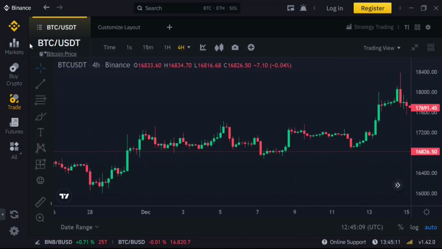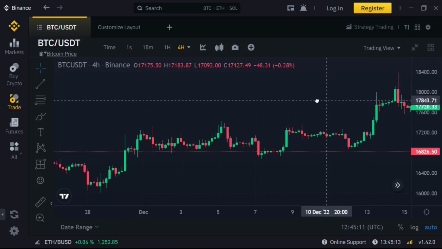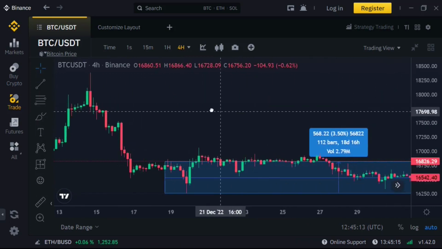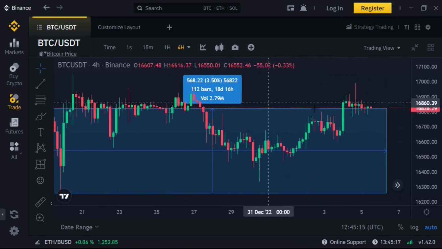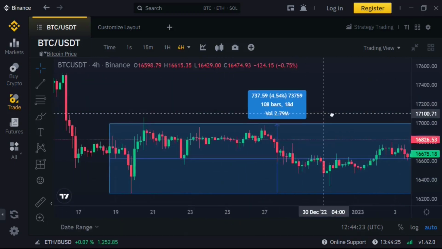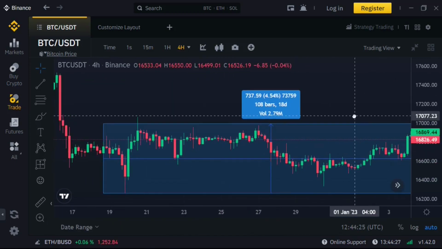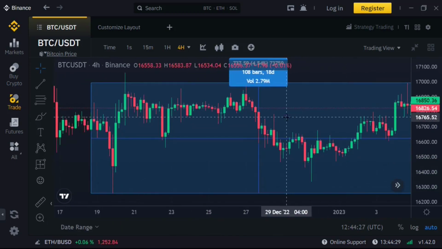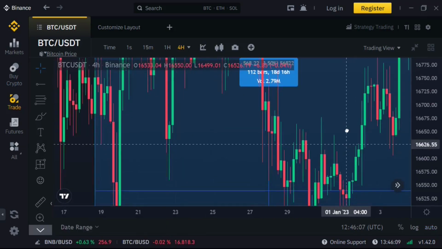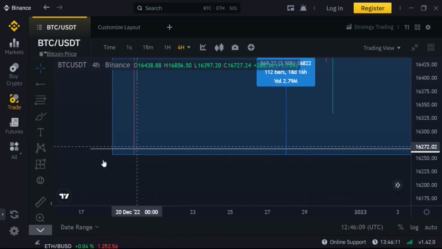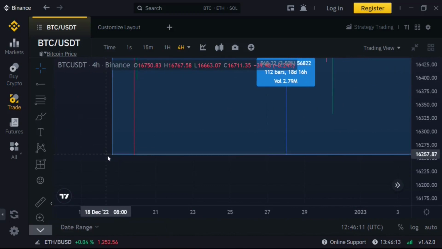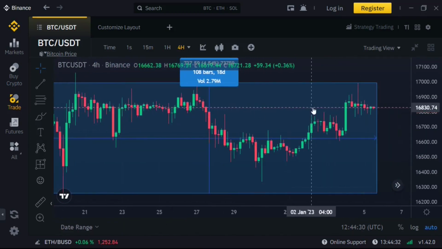So as you can see on the candlestick price chart data, the Bitcoin market price is currently trading from its most recent low price. And to identify the most recent low price of the BTC USDT cryptocurrency pair, you have to zoom out on the candlestick price chart data a couple of times in order to get the exact price of the most recent low price.